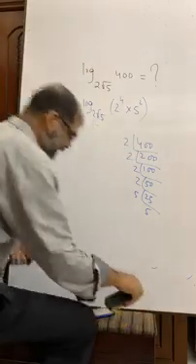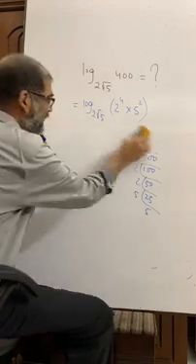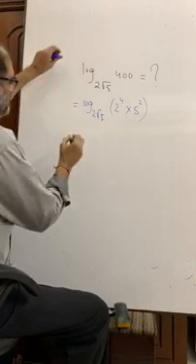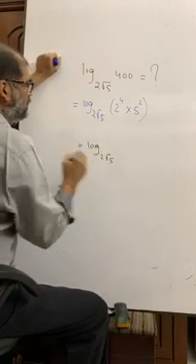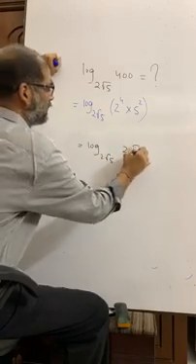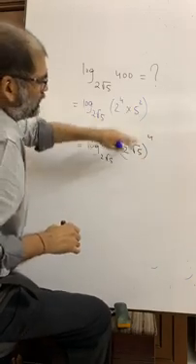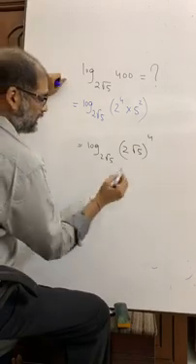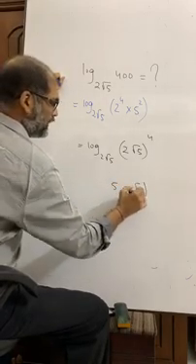Now, like the previous math, we can do, you see, log base 2 root 5. Here we can write 2 root 5 whole to the power 4. As I told you, 5 square means what? Root 5 whole to the power 4. Again, 5 means root 5 whole square.